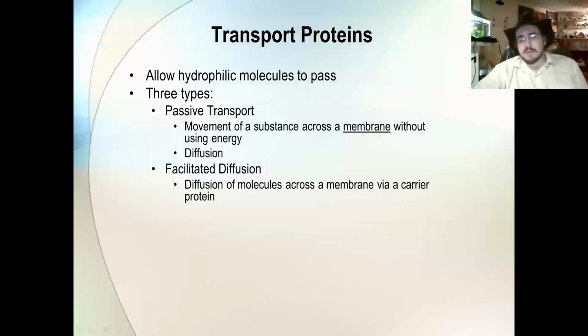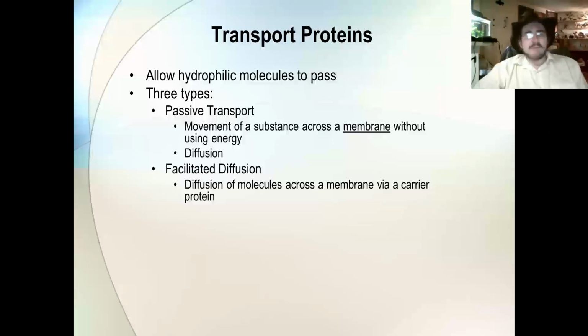What is a carrier protein, you might ask? It's a protein that can only bind a specific kind of molecule. And this is what you see most often when you're moving something that's too big to diffuse across a membrane, too big to move through a channel protein. So this is facilitated diffusion.